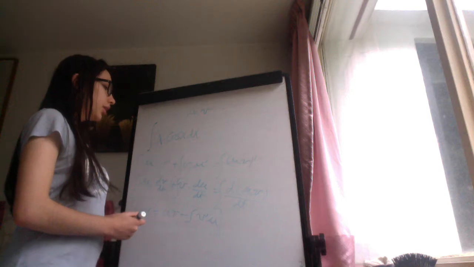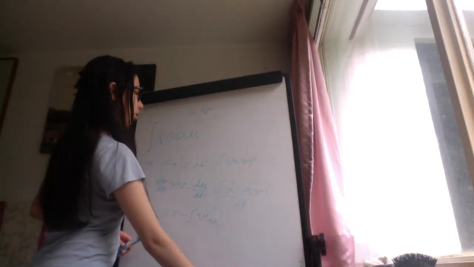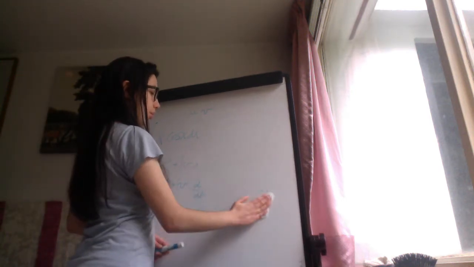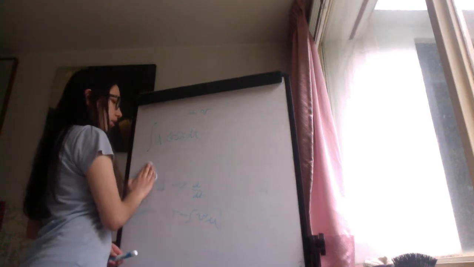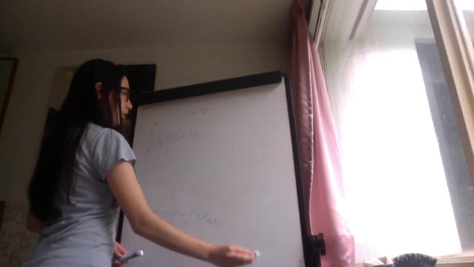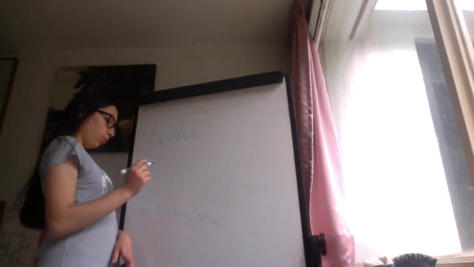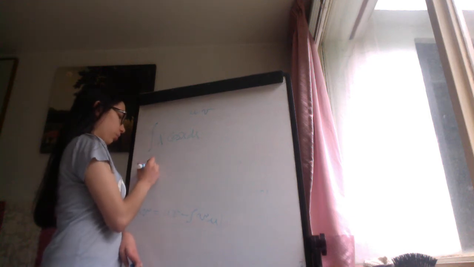So this is an easy example. In the next video I want to do a more complicated one, but the issue here is how do we know which one will be u and which one will be v.